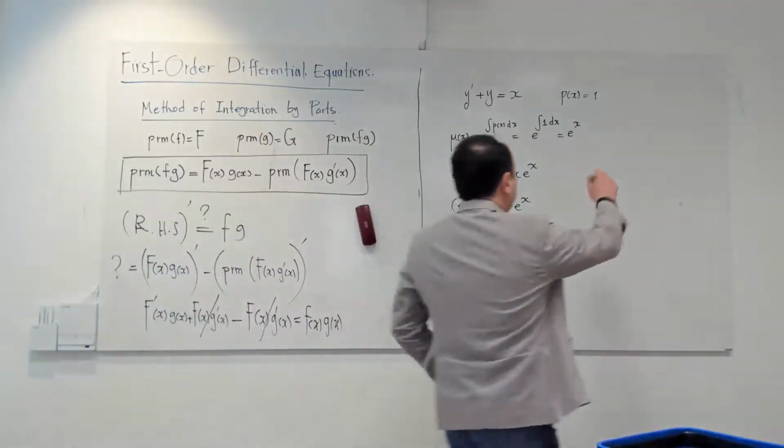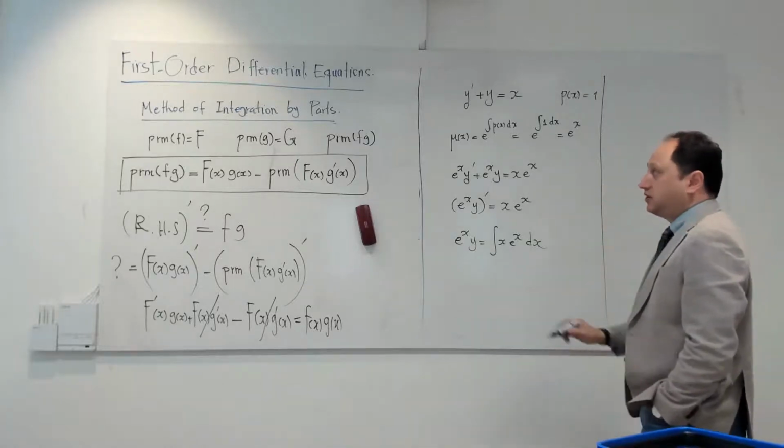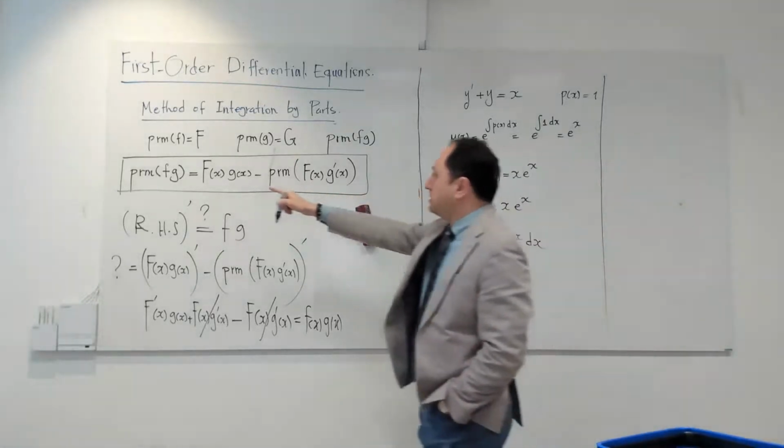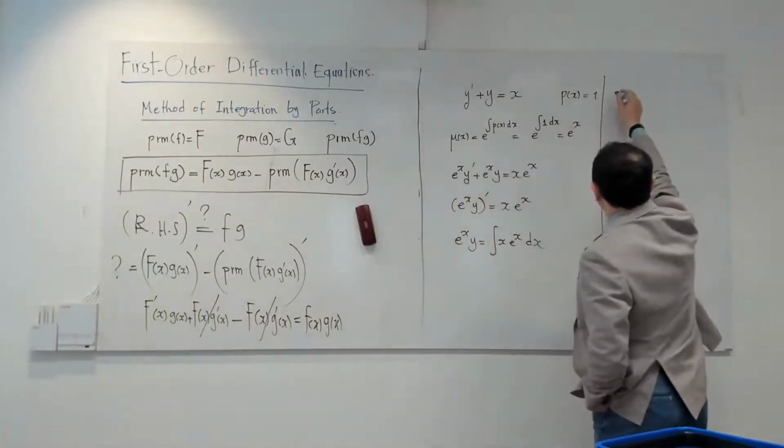Okay, now let me write it in a more familiar language for myself. When I want to write, instead of primitive, I use this symbol of integral. So I would write it in this way.